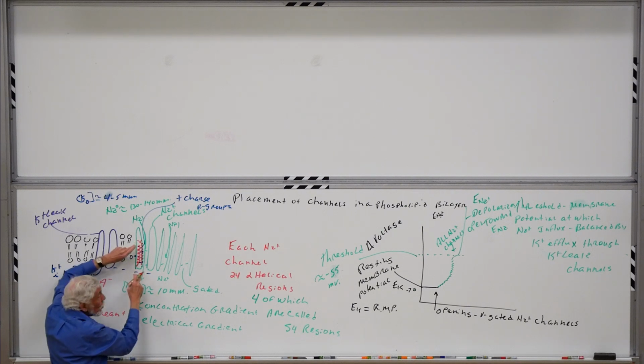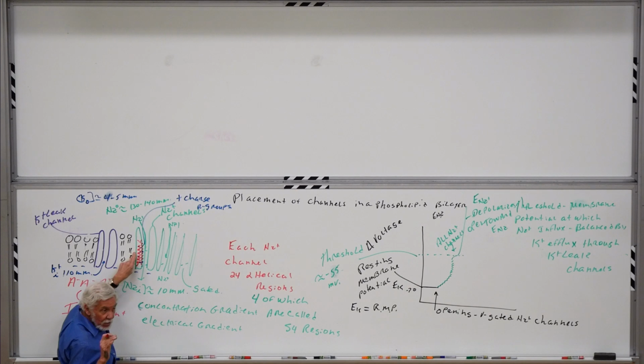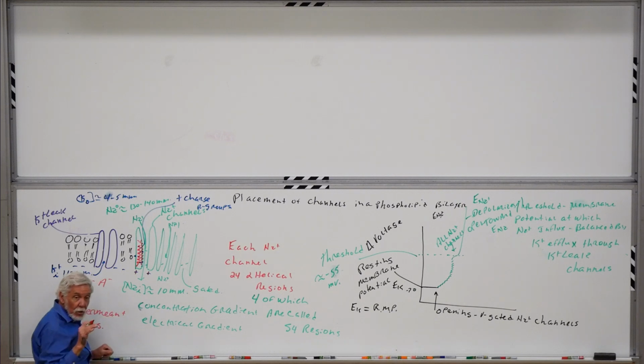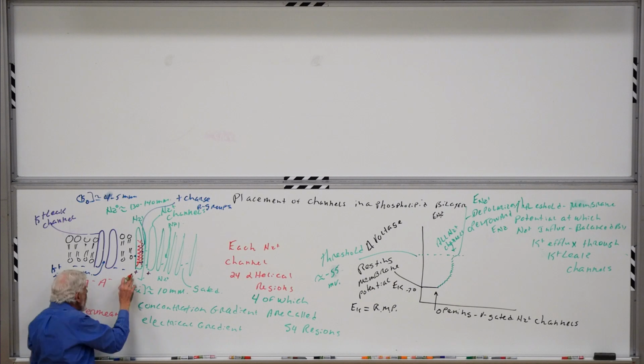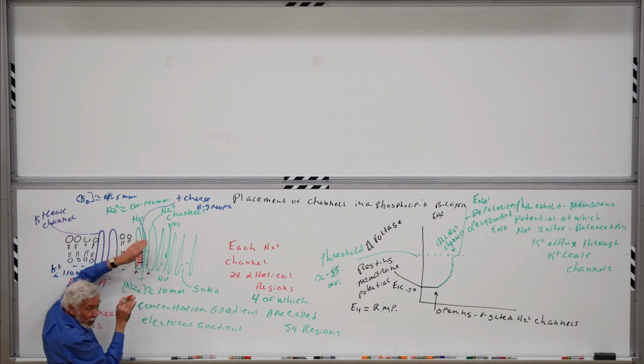It's in a low order state because positive charge on the S4 will be interacting with negative charges on neighboring alpha helical regions. But now we make the inside of the membrane slightly positively charged. We'll see a little later that this normally will happen by open ligand-gated channels, but right now I just want you to recognize we're going to change the distribution of charge just by a little bit.